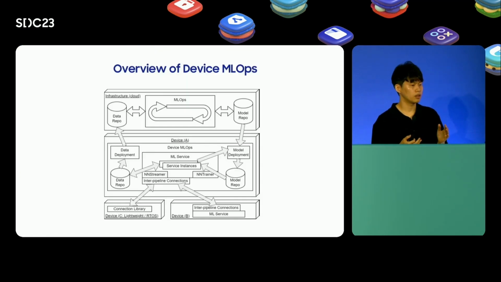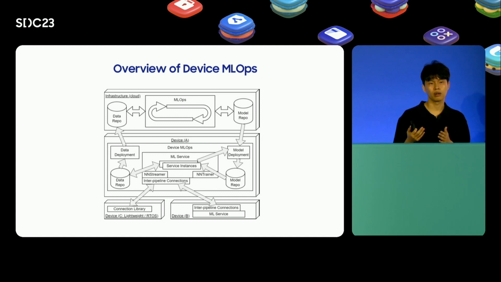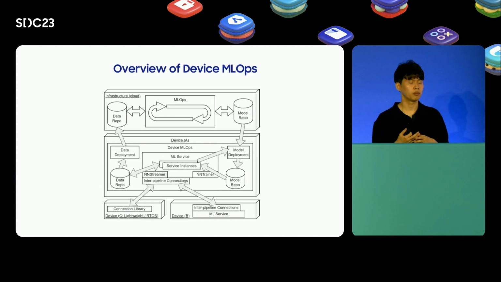So this is the overview of device MLOps. Device MLOps will continuously interact with MLOps. So it gets the deployed model from the cloud infrastructure and pushes the data to the cloud infrastructure.